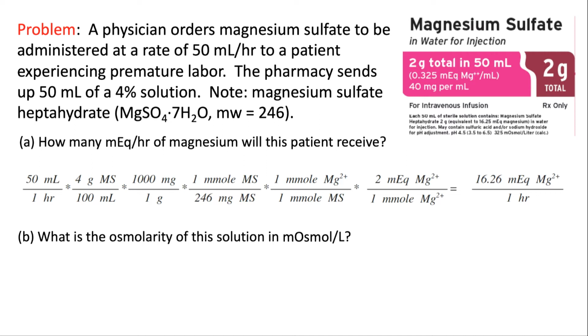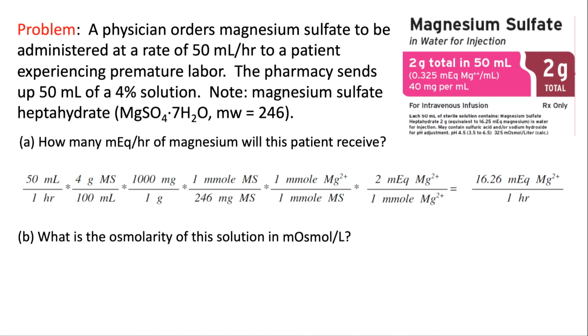If you do all that math, starting from the left, going to the right, the number you should get in the end is 16.26 milliequivalents of magnesium. And I'll remind you, all of that was still per hour. So that answers this question. The answer is 16.26 milliequivalents of magnesium per hour is the rate of magnesium this patient is receiving when they're infused this solution at 50 milliliters per hour.